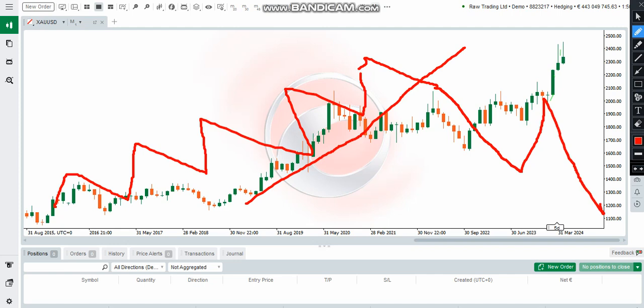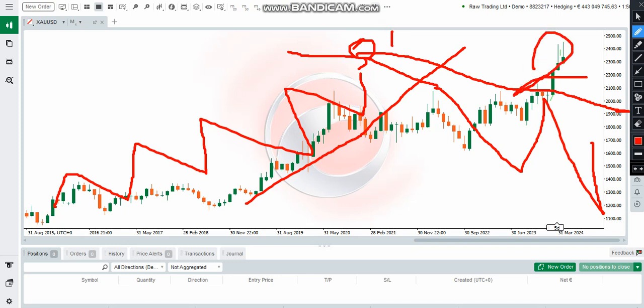If you now want to sell, this is your sell opportunity. Point 1, then you have your point 2, and you can sell at point 3. These are valid bearish setups. Have that in mind. Do not forget it.